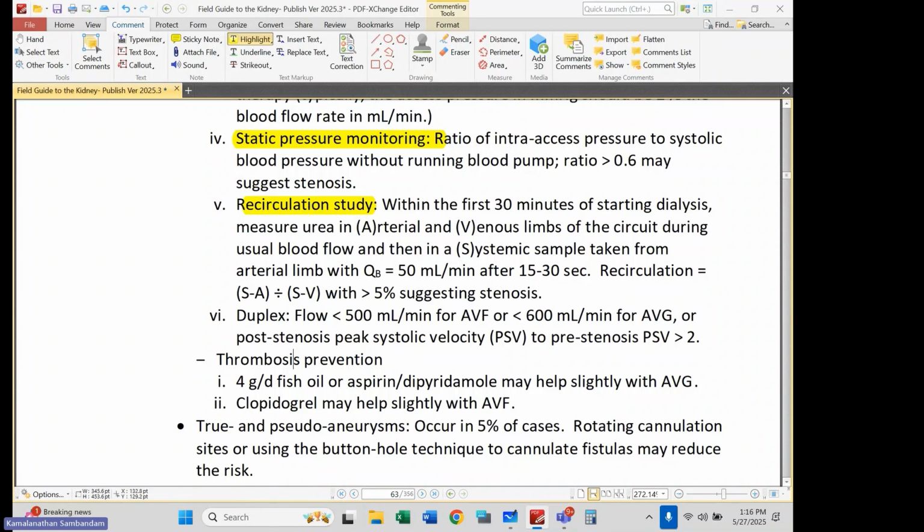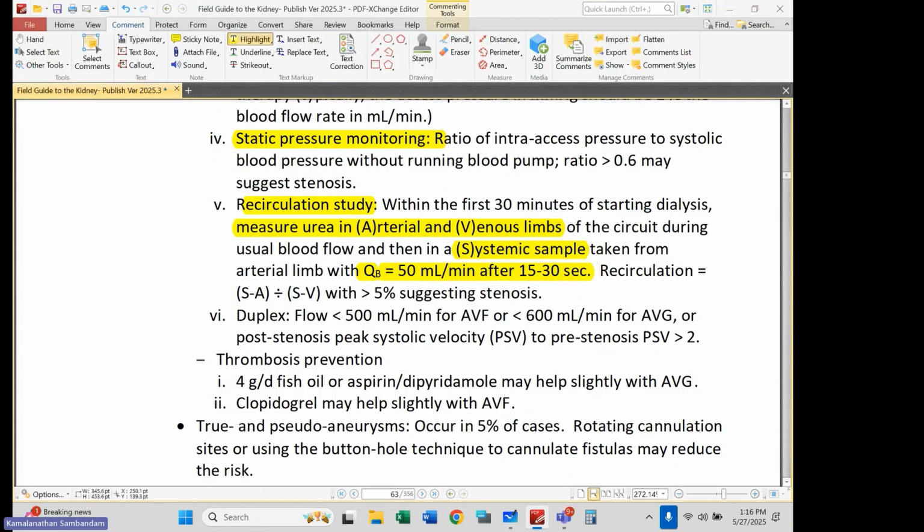So again, at the start of dialysis, I can measure an arterial and venous urea concentration, and then I compare those values to a quote-unquote systemic sample. That would be a urea concentration with the blood flow turned down, right? Essentially, I'm getting very little clearance at that point if I have blood flow only 50 mL per minute.